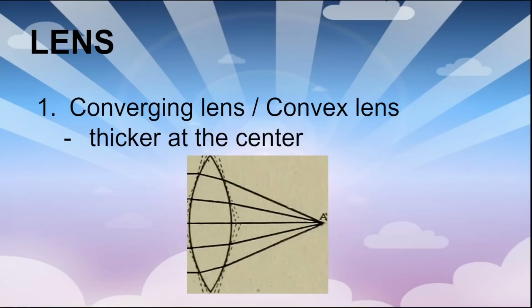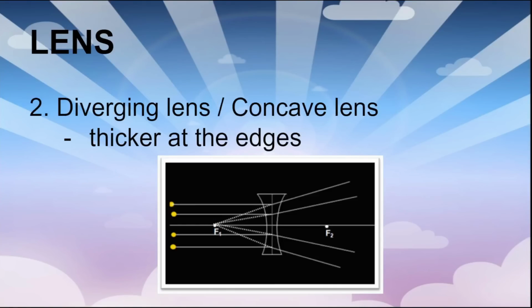On the other hand, we also have the diverging lens or the concave lens. As you can see, kabaligtaran naman po yung nandito kasi the light rays would diverge as they come through the lens. Also, as you will notice, the lens is thicker at the edges. Kanina yung convex lens, mas thick siya sa center.